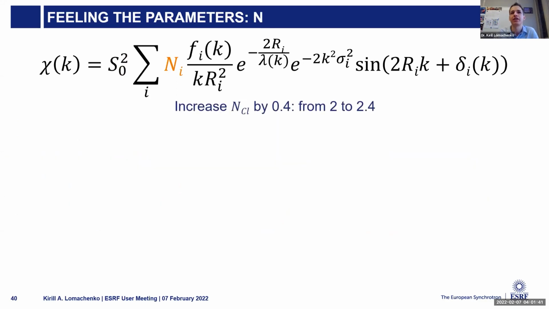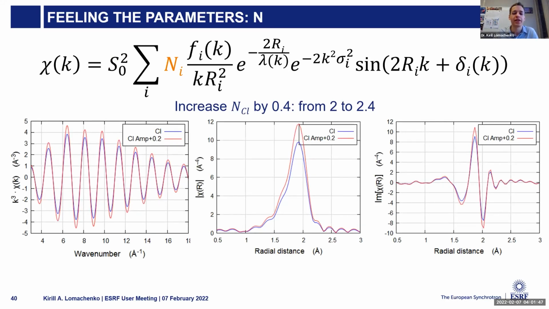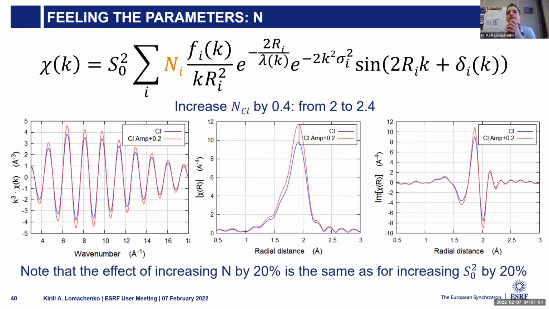Let's change N chlorine by 20%, from 2 to 2.4. And you see that the effect of increasing N by 20% is the same as for increasing S0 squared. Why? Well, if you have a look at the equation, you can see that S0 squared and N are correlated by 100%.